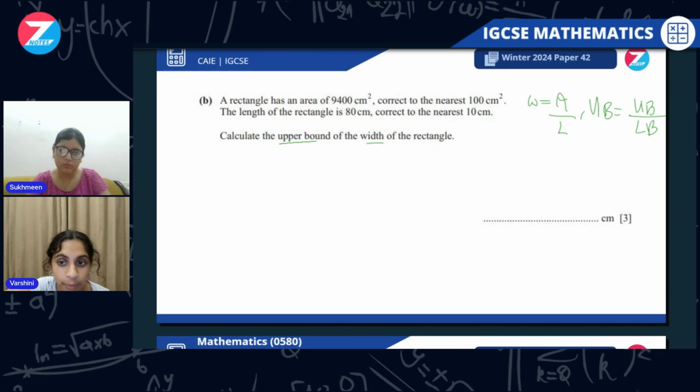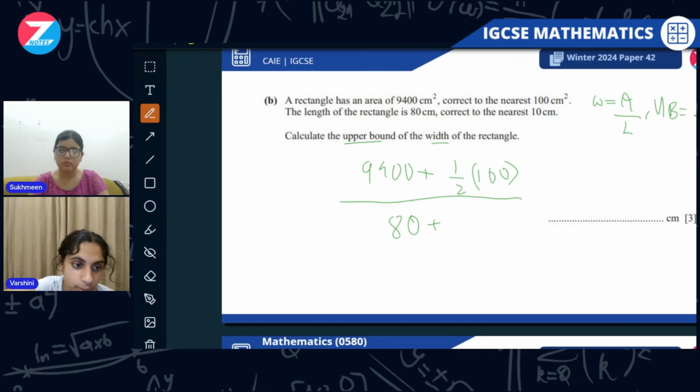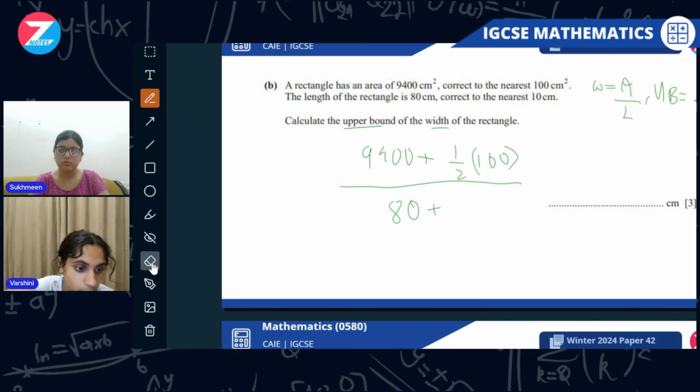And now we just have to calculate these by substituting in the formula. So the upper bound of the area is going to be the area 9400 plus half of the number it's correct to, so half of 100, divided by 80 plus, and now it's going to be the lower bound, so we don't want plus, but we want minus.